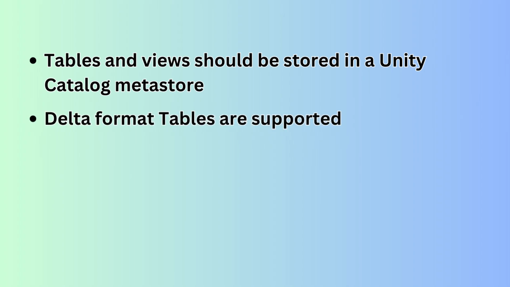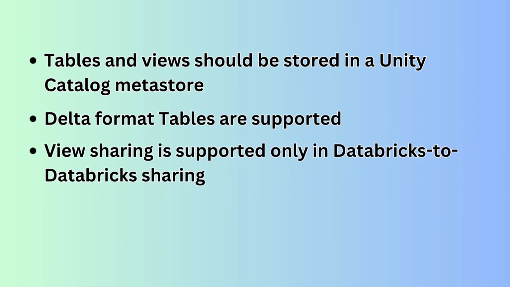And only the tables which are in Delta table format can be used for Delta Sharing. If it's not in Delta table format, then you go ahead and convert the Parquet tables into Delta table format. And view sharing is supported only in Databricks to Databricks sharing. It cannot be done in open sharing.